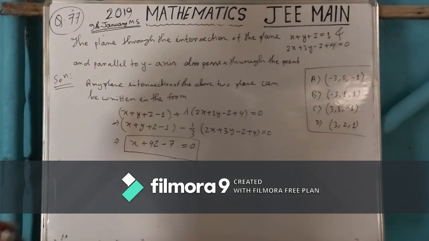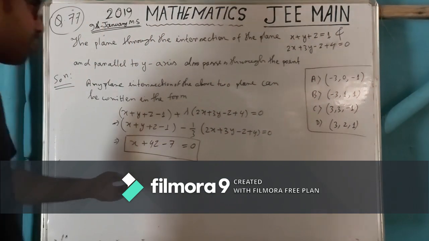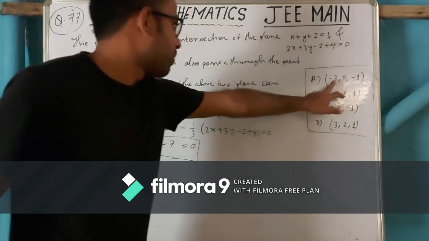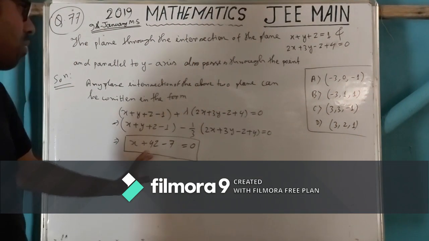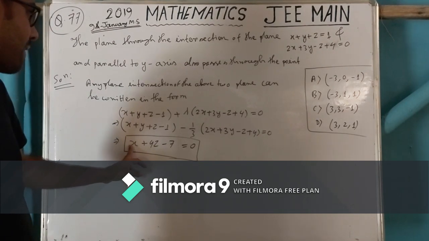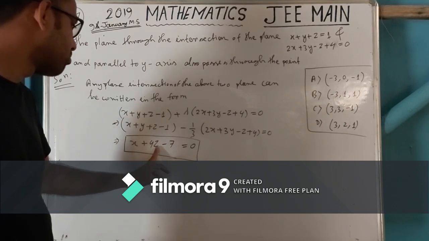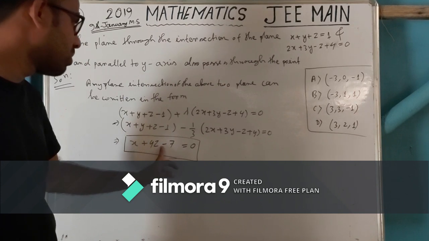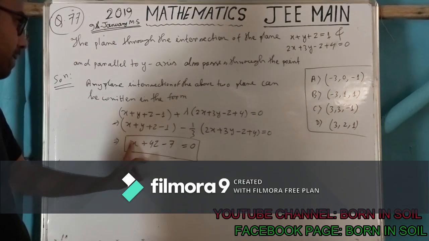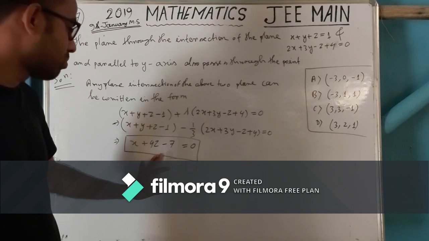And now check all the points which satisfy this plane. If I put this point minus 3, 0, 0, x is equal to minus 3, z equal to minus 1, so minus 3, minus 7, minus 14 does not satisfy. Again, x is equal to minus 3, z equal to 1, so this point also does not satisfy.